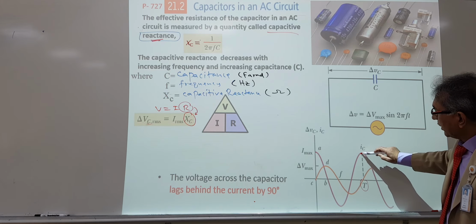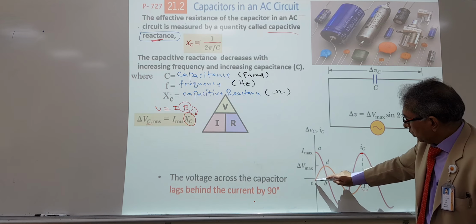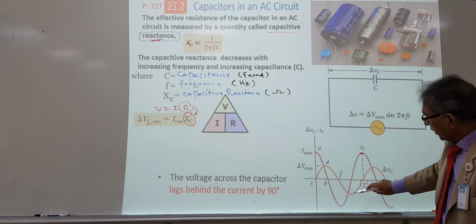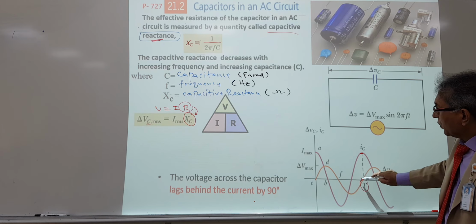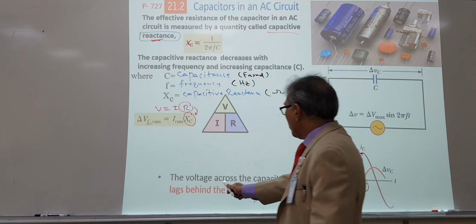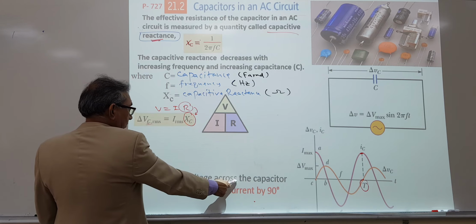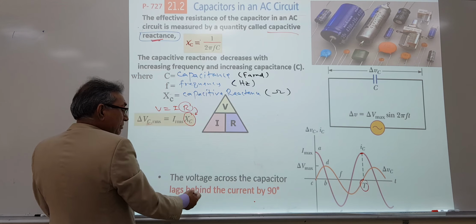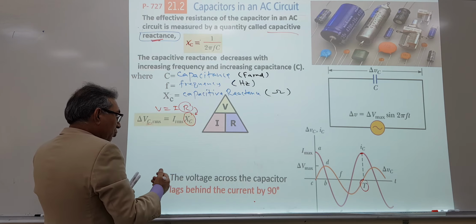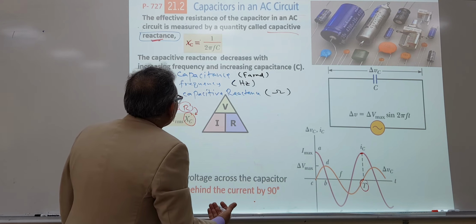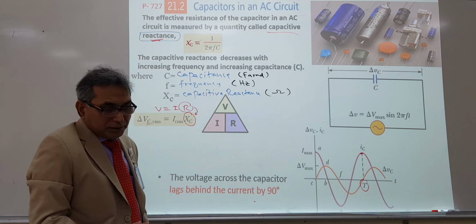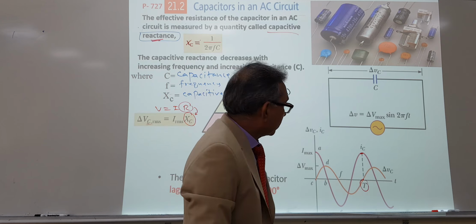The current is at the maximum. The voltage starts from here, and after one time period it reaches 0. You see, the voltage across the capacitor lags behind, it's behind. So who's leading? Current is leading.